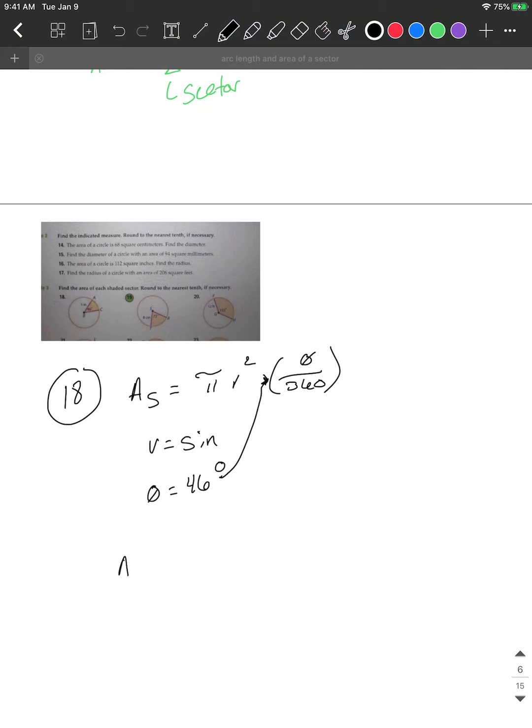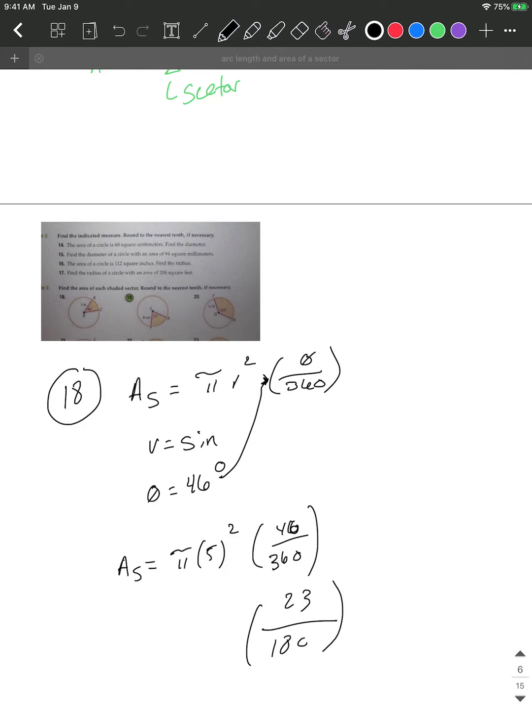So what we'll say now is AS is equal to pi 5 squared, and then 46 divided by 360. We'll do a little bit of calculator work. So we got right here 23 over 180. That's just it reduced.